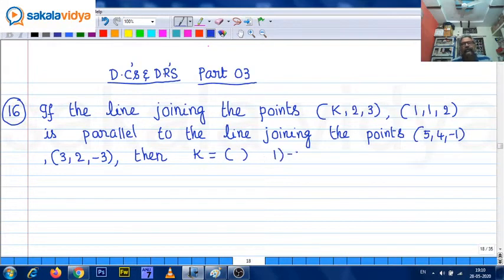First option -2, second option 2, third option 1, fourth option -1. This is the question.